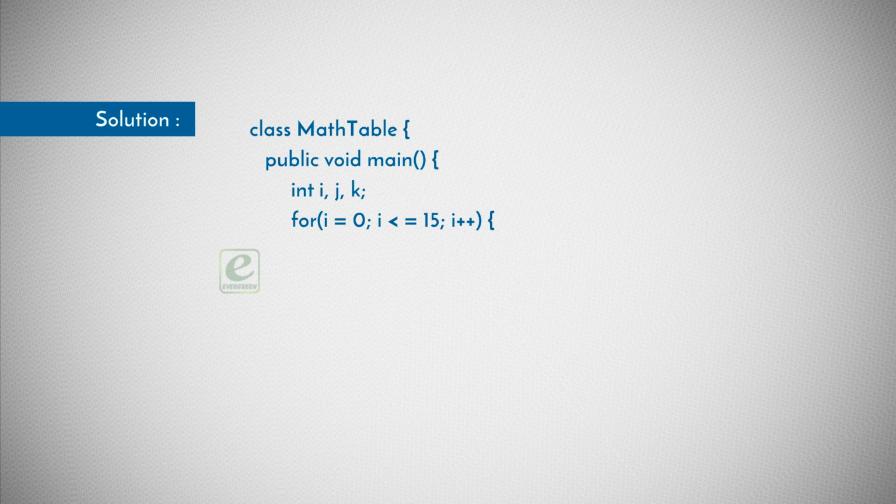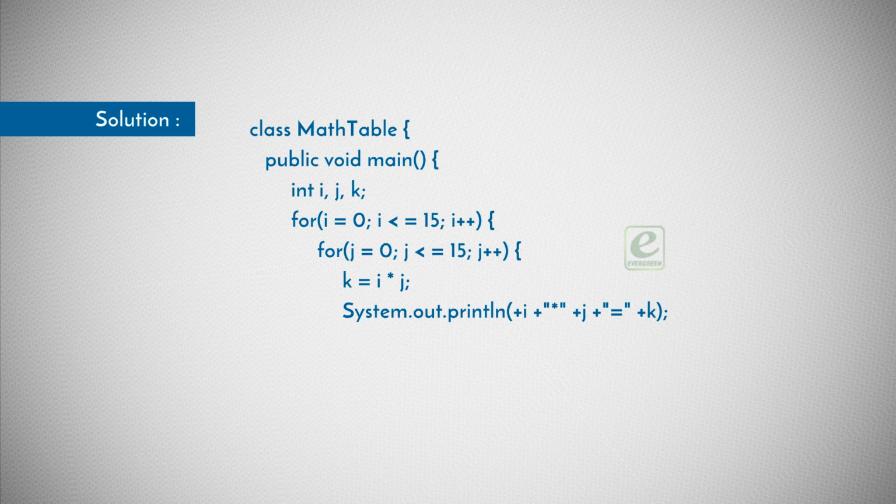For, within brackets, i equals 0, semicolon, i less than or equal to 15, semicolon, i increment, bracket closed, curly brace open. k equals i multiplied by j, semicolon. System.out.println, within brackets, plus i, plus within double quotes, multiply, plus j, plus within quotes, equals, plus k, bracket closed, semicolon. Curly brace closed, curly brace closed, curly brace closed, curly brace closed.